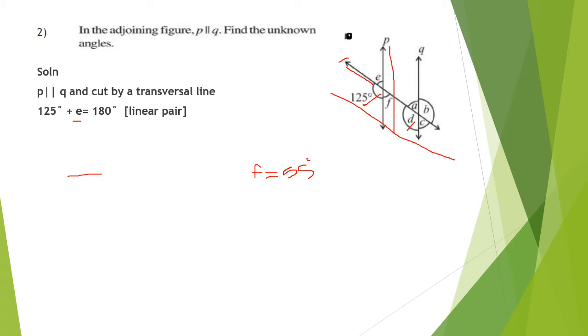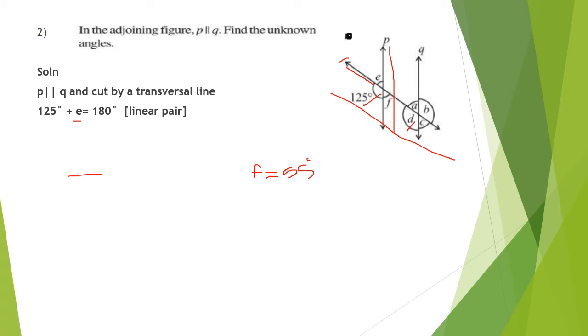So this is a linear pair. Here we are applying the linear pair. Linear pair means when you add 125 degree plus E, the answer should be equal to 180 degree, because the angles are formed on the straight line, right? These two angles are on the straight line, so when you add up these two angles, you should get 180 degree. This is a linear pair.